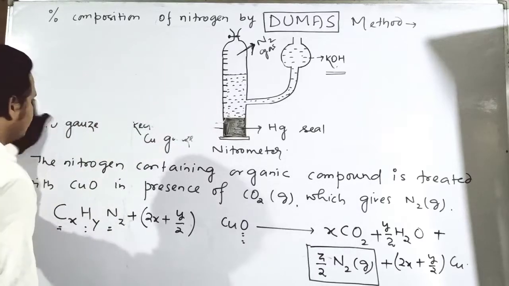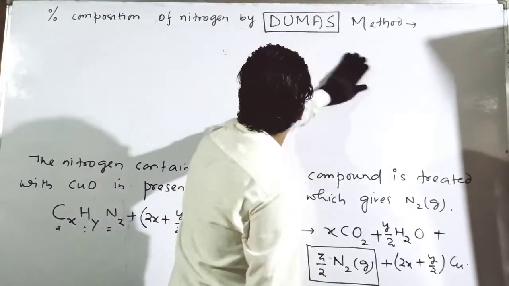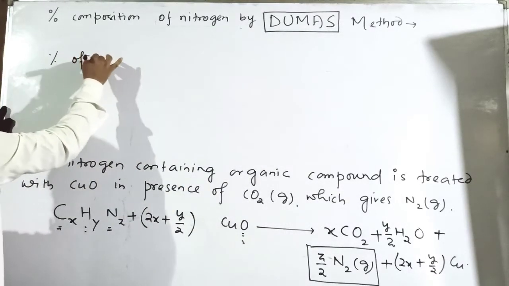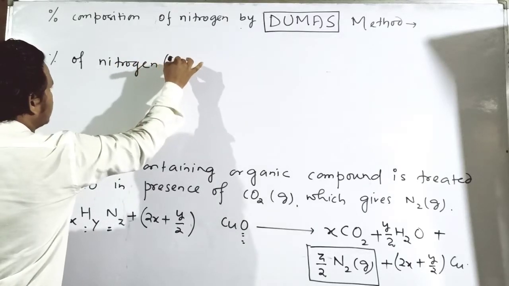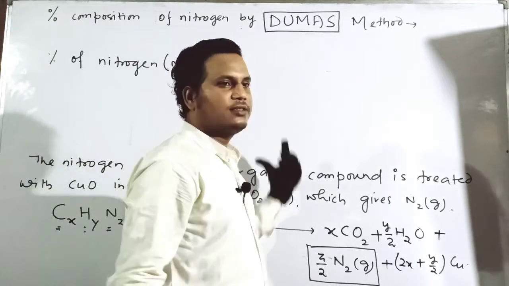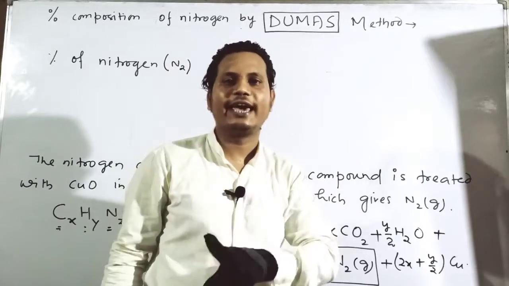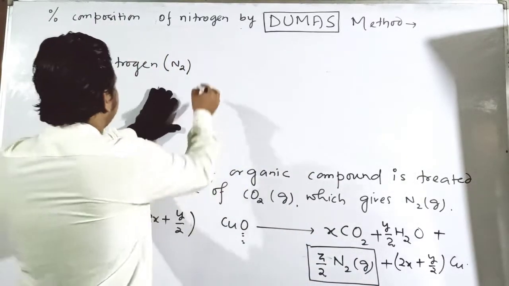The formula is for the percentage of nitrogen. We got nitrogen in the form of N2 in the device, the nitrometer. There we got N2, nitrogen gas. So what is the percentage of nitrogen?